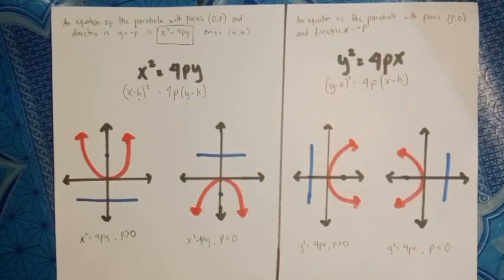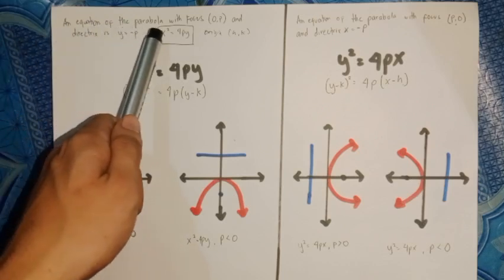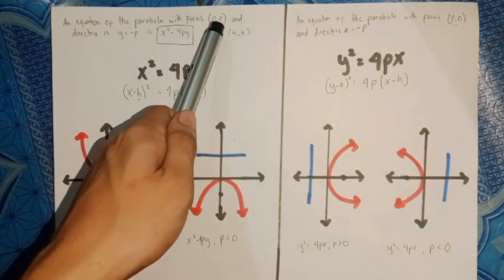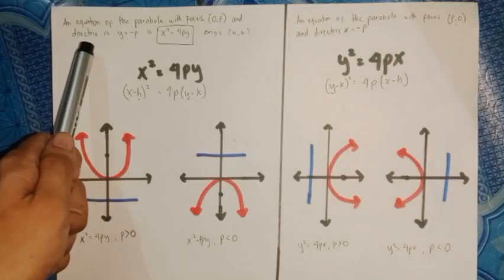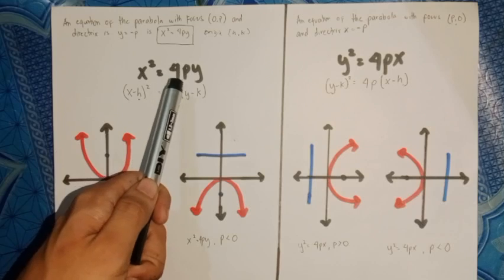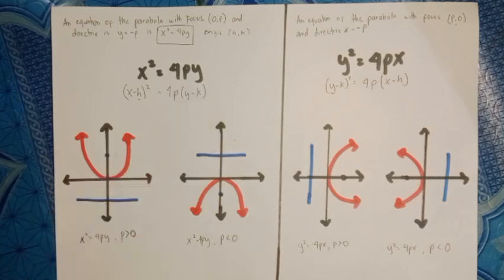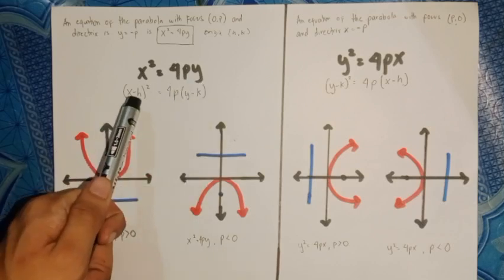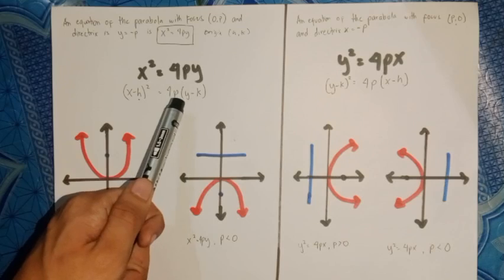The equations of the parabola. First, we have the equation of the parabola with focus (0, p) and directrix y equals negative p: x squared is equal to 4py, or (x minus h) squared is equal to 4p(y minus k).